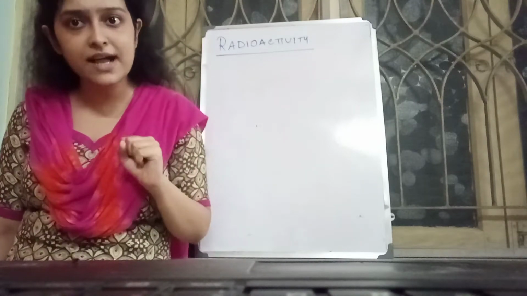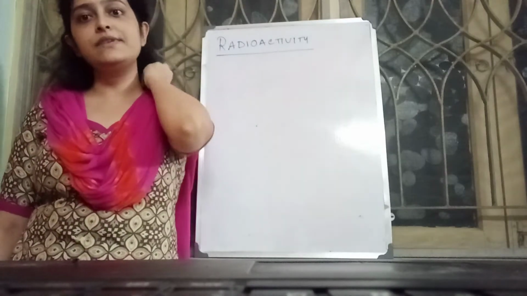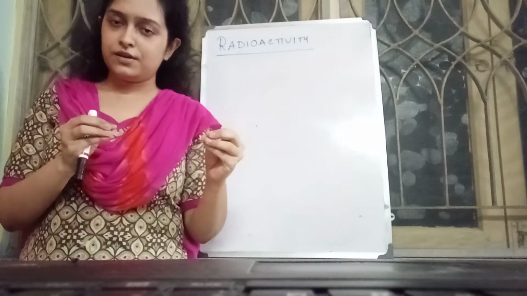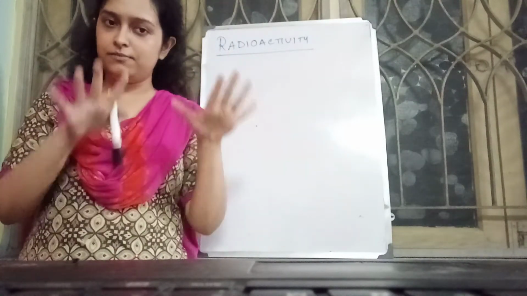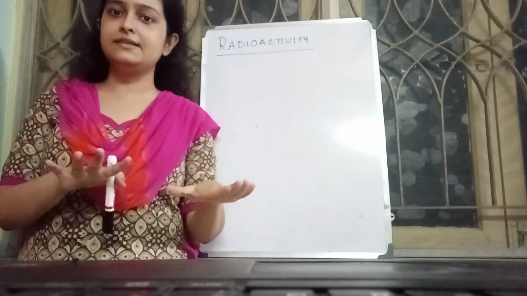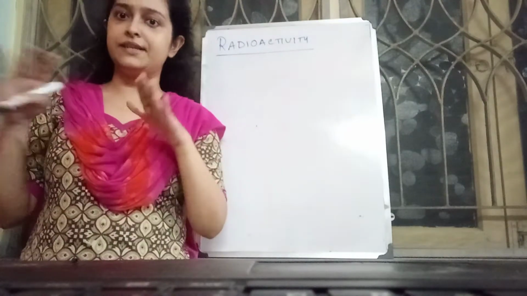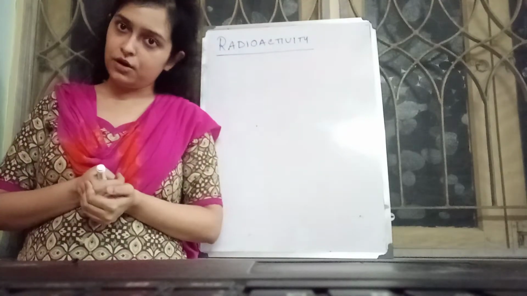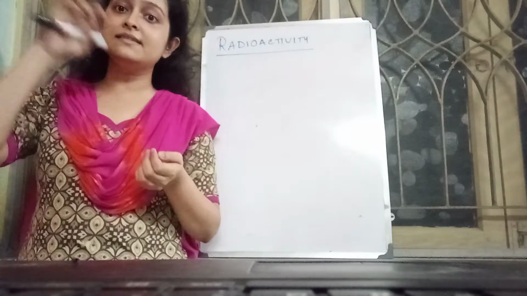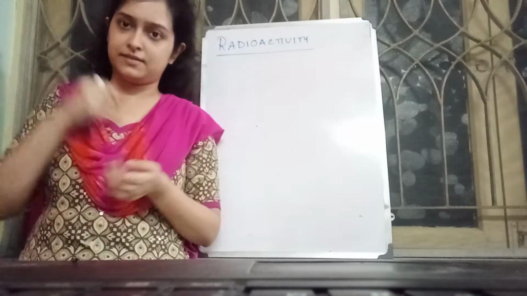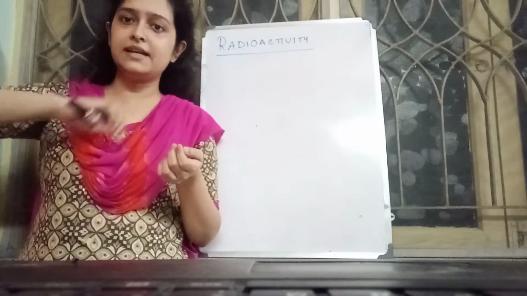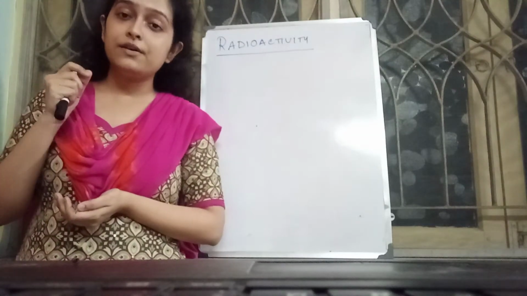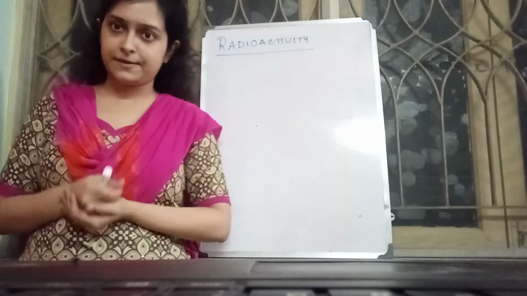So what is radioactivity? There are certain substances which, when left as they are, start disintegrating or decaying by giving out certain types of emissions known as radiations or radioactive rays.